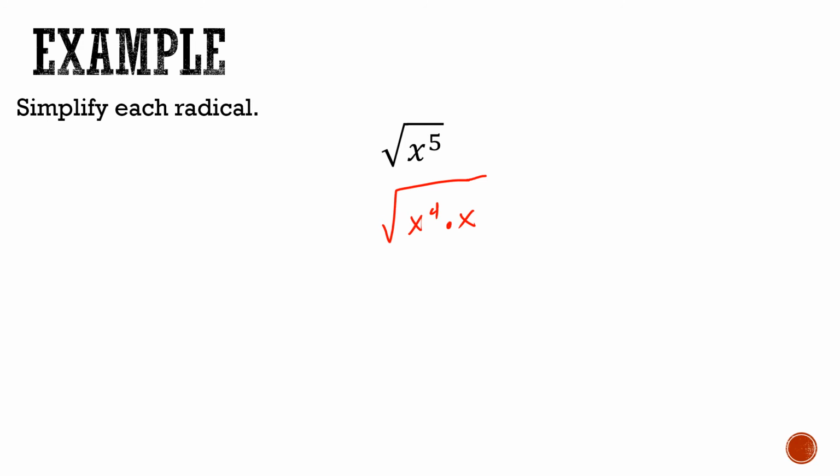After that, get the square root of x to the 4th by dividing the exponent by your index. So 4 divided by 2 is 2. So we will be writing it outside the radical sign. So we have x squared, then simply copy what is left inside the radical sign, which is x, square root of x. So the answer is x squared, square root of x.